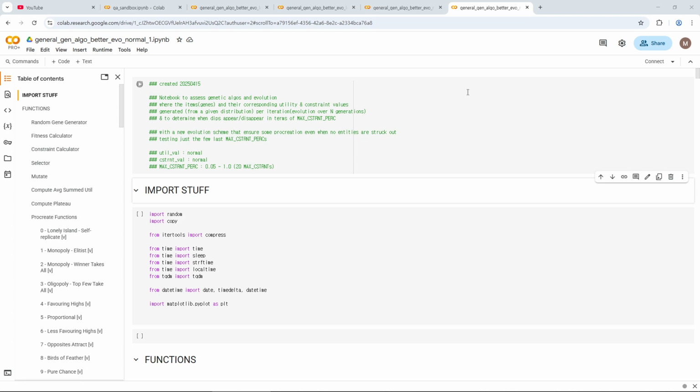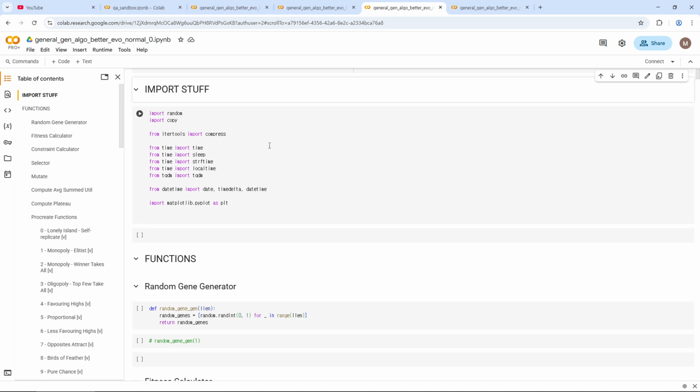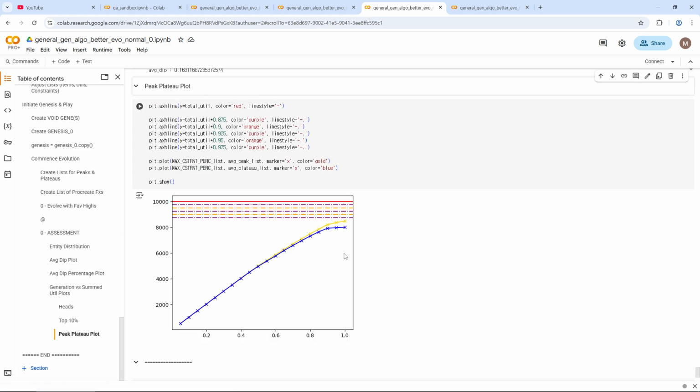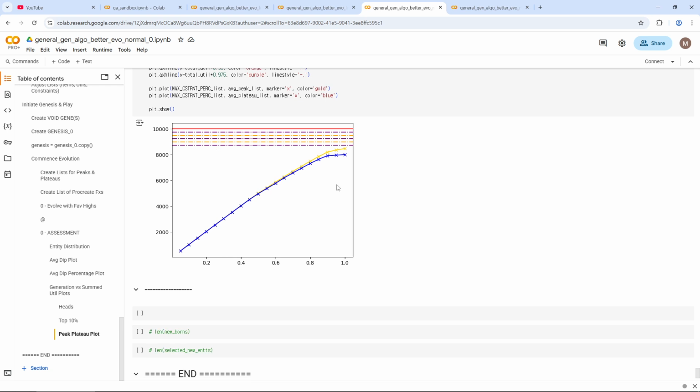So, going over the end of the notebook, general genetic algorithm, beta evo normal 0. I mentioned that there is something wrong with this plot.